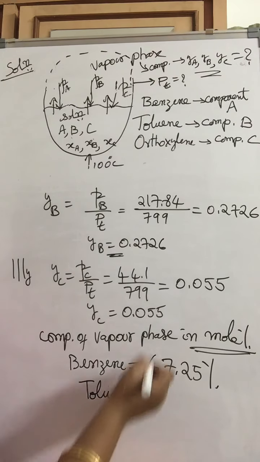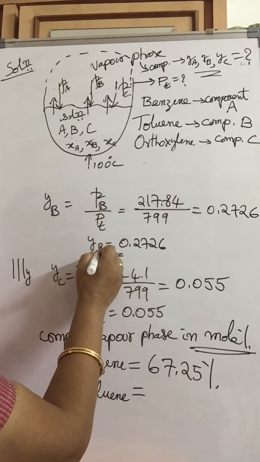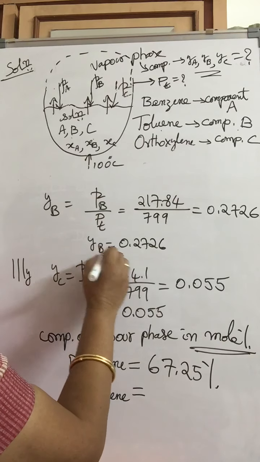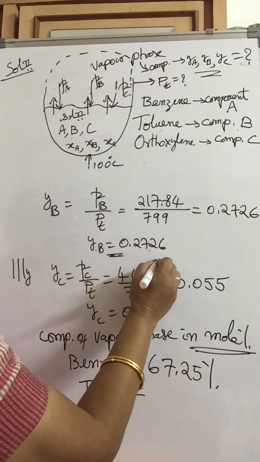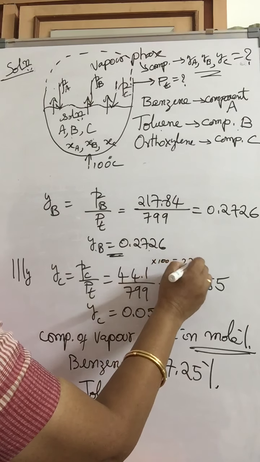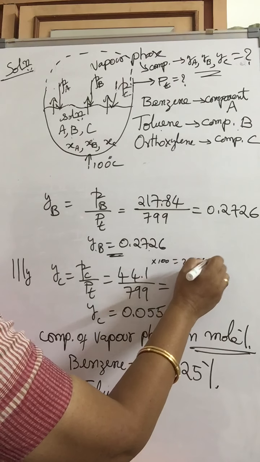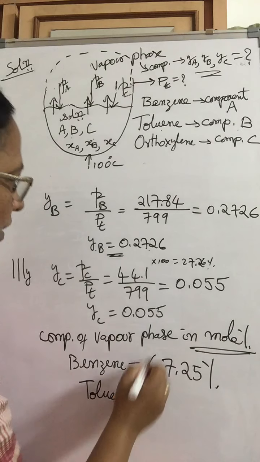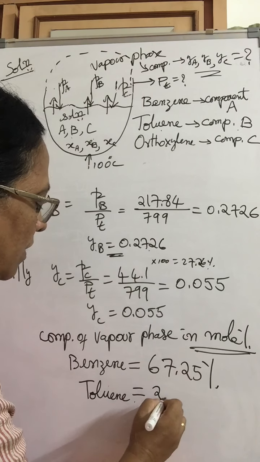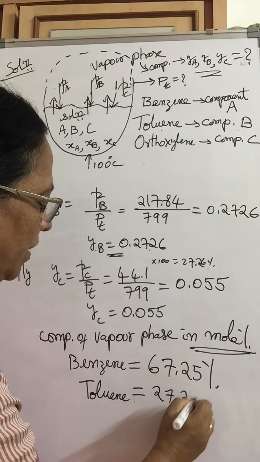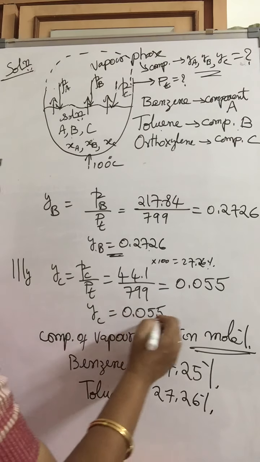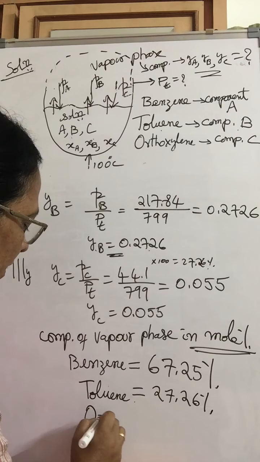Toluene. B is toluene. So YB multiplied by 100 gives 27.26 percent. So toluene is 27.26 percent. And then o-xylene.